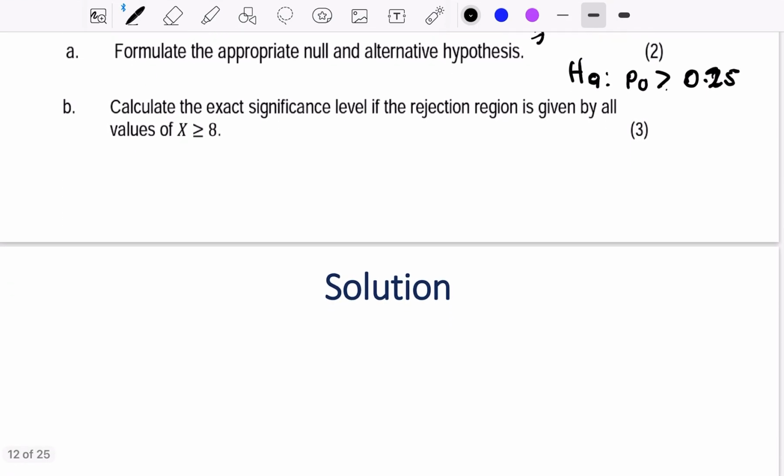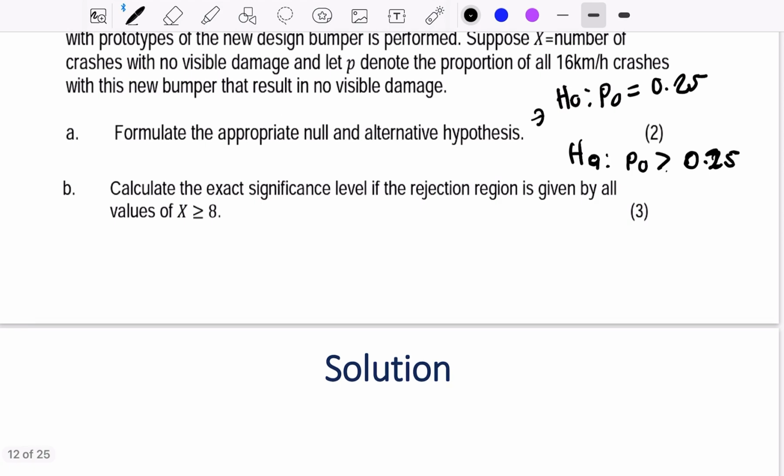Okay, and then let's look at B, which is our main concentration. Calculate the exact significance level if the rejection region is given by all values of x greater or equal to 8.